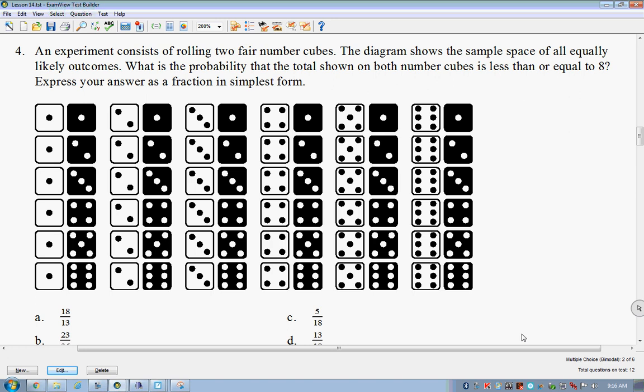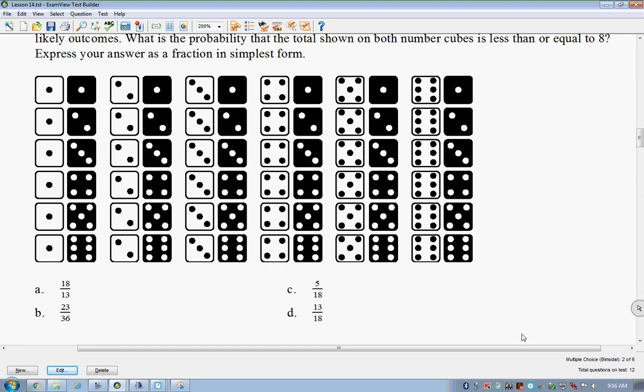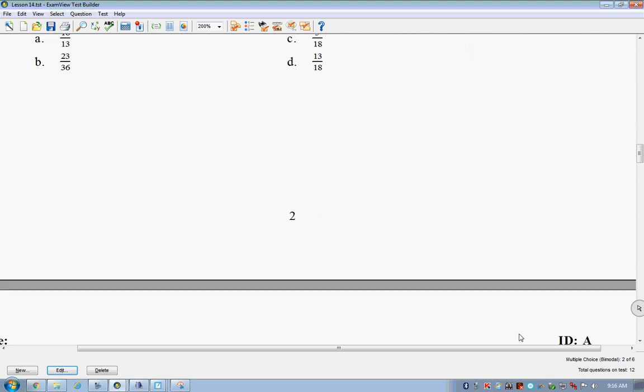What can it reduce to? Can I divide them by 2? 26 divided by 2 is 13. 36 divided by 2 is 18. Can I reduce 13 eighteenths? No. Okay, so I get D as an answer.